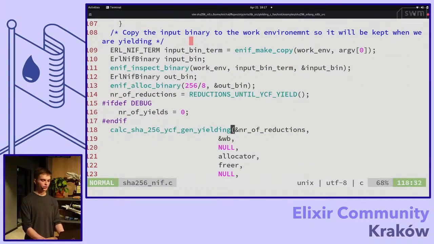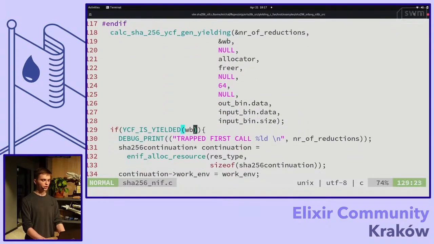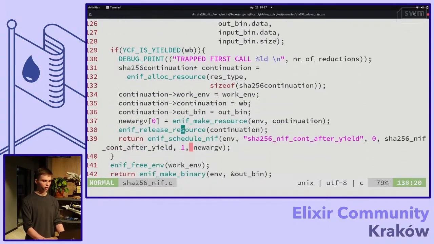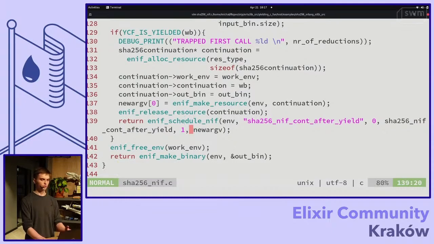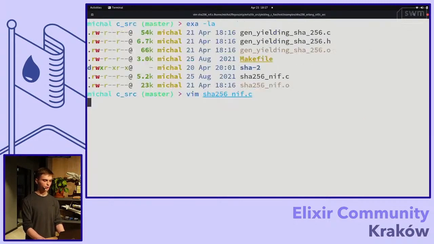When we are calling this function, we are passing the number of reductions that can be executed inside this function. And when this function ends, we are checking whether we should yield, so whether we should give control back to the scheduler. If yes, then we are scheduling the continuation of ourselves, and we are just giving control back to the scheduler. So that's how it looks.